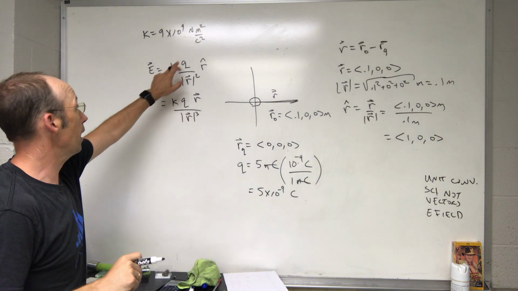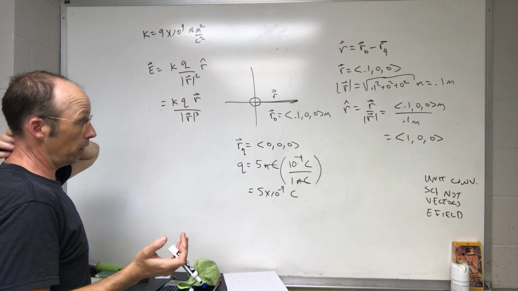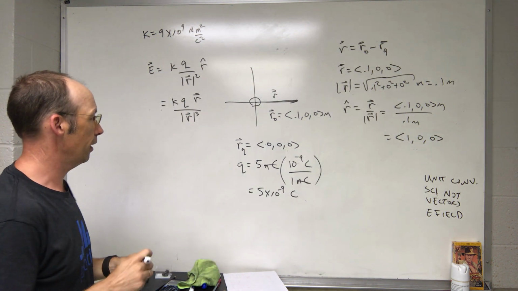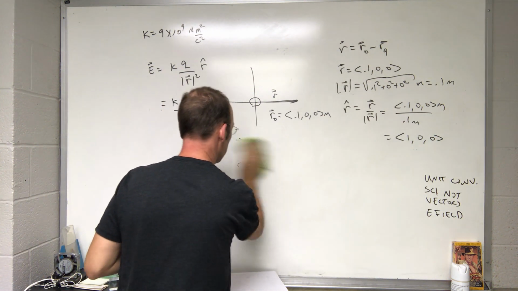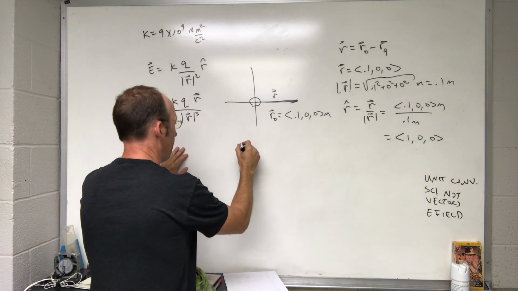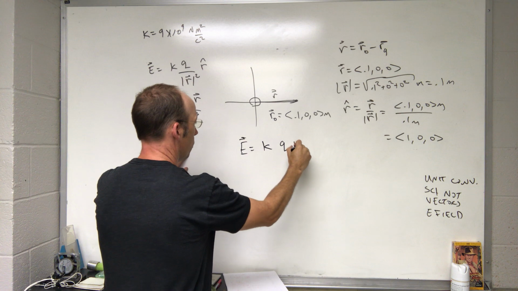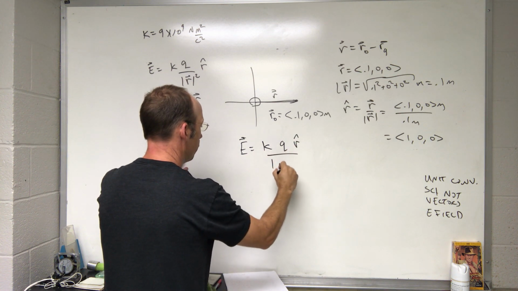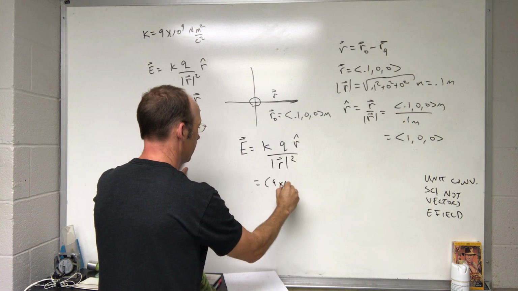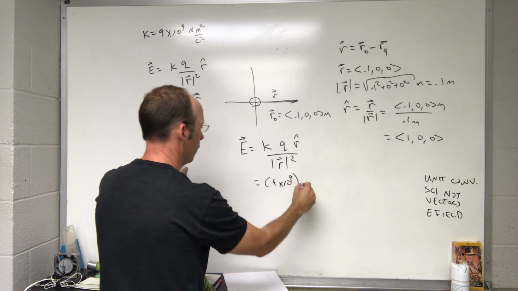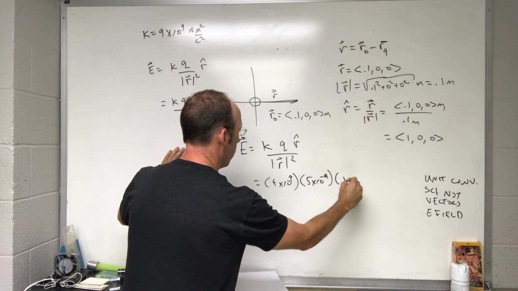So I have K, I have Q, I have R hat, and I have the magnitude of R, which I can square. So we can put in all our values. E equals K Q R hat over the magnitude of R squared. That's going to be 9 times 10 to the 9th, I'll leave off the units, times 5 times 10 to the negative 9, times 1 0 0.